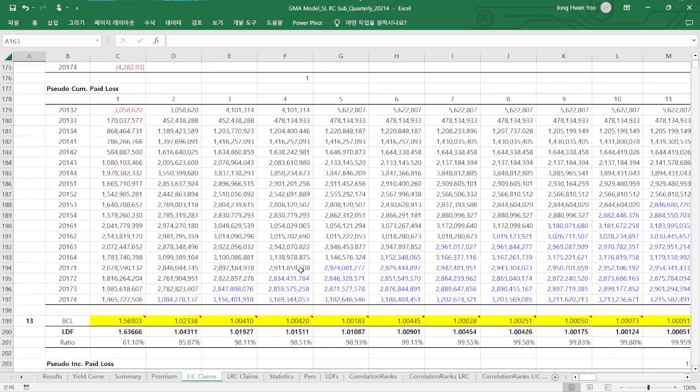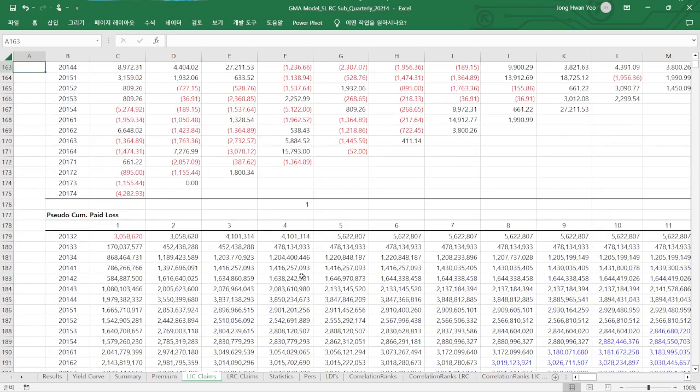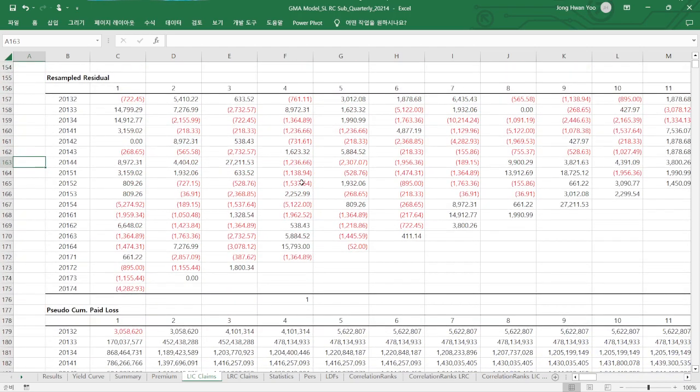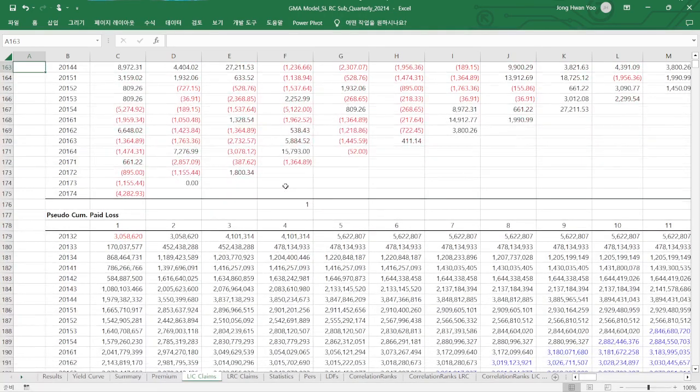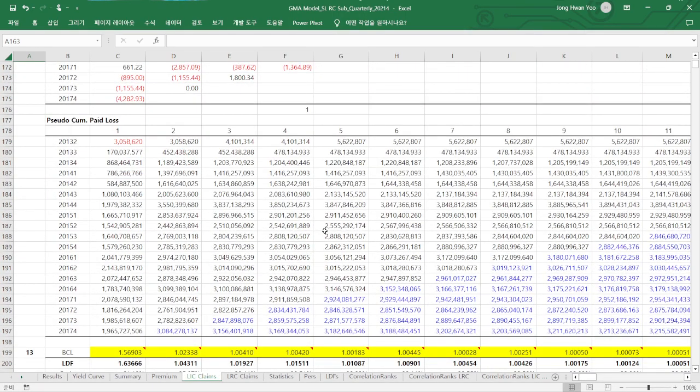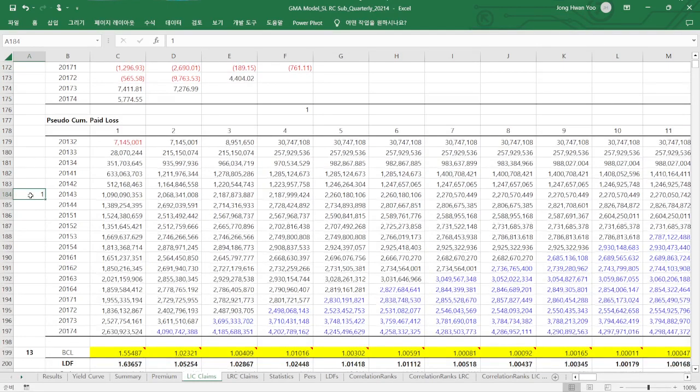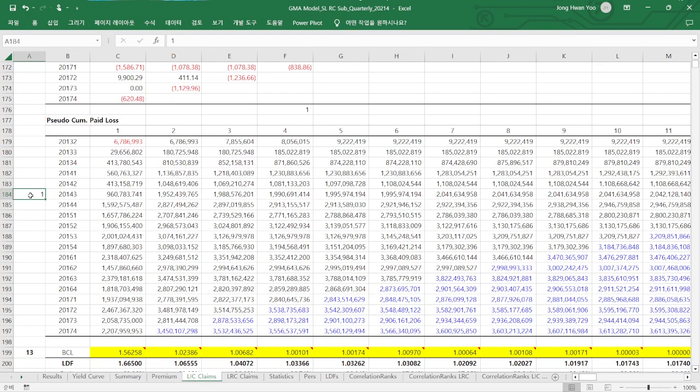Then you can calculate reversely, once you run the scenario, each scenario is calculated backwards to come up with the pseudo historical triangle. And you would have all the different historical triangles. That's what I would call historical triangle samples.